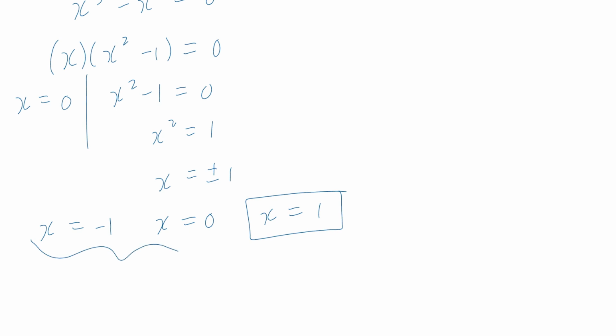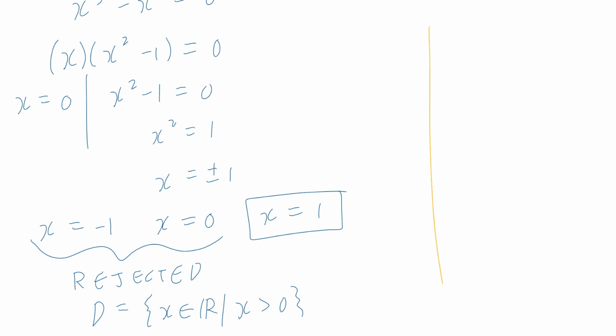So again, these values are going to be omitted or rejected because if you look at the domain of the function, x can only be a positive number. And again, let's draw a diagram to illustrate this. So if I sketch a graph, remember the following.